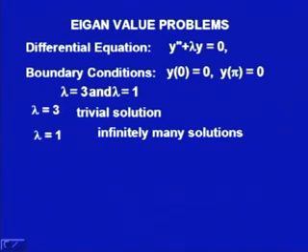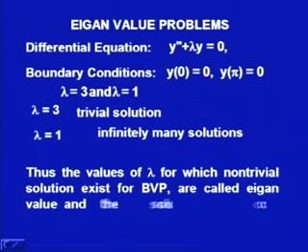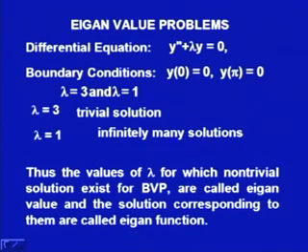Now we are going to define the terms. The values of lambda for which a non-trivial solution exists for a boundary value problem are called eigenvalues, and the solutions corresponding to them are called eigenfunctions. We have seen that lambda is equal to 3 will not be an eigenvalue because we are getting only the trivial solution.